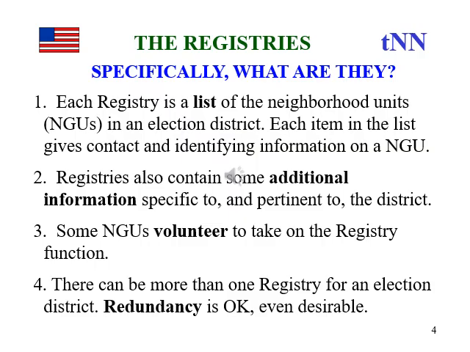Registries also contain some additional information specific to and pertinent to the district. 3. Some NGUs volunteer to take on the registry function. 4. There can be more than one registry for an election district. Redundancy is okay, even desirable.